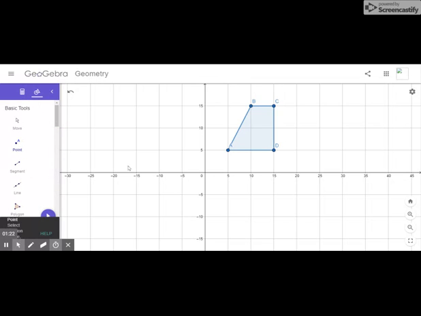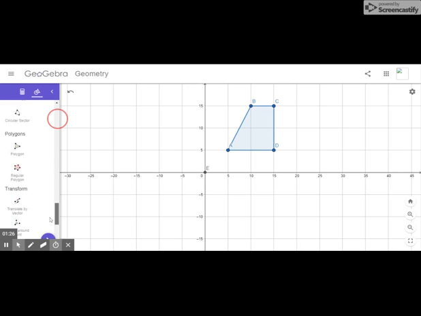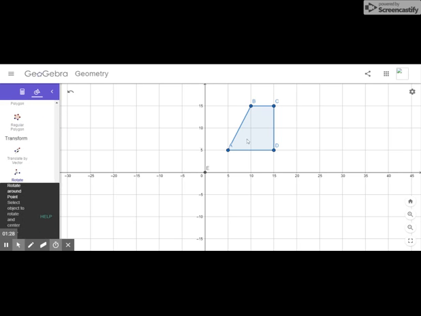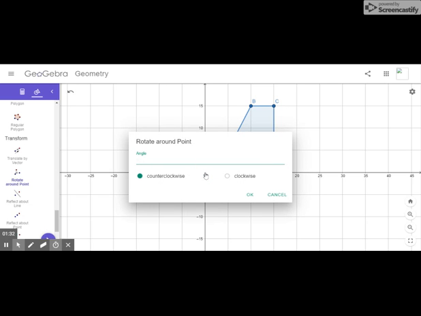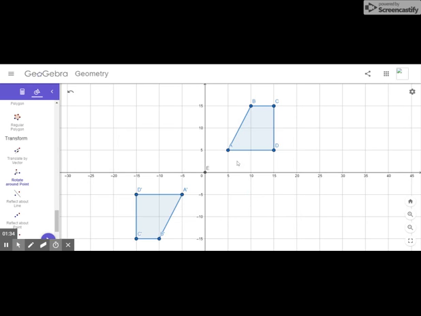So I can go up and place a point on the origin, which is point E, and then I can rotate the quadrilateral 180 degrees about the origin, and you'll see that it creates a new quadrilateral A prime, B prime, C prime, D prime that is now in quadrant 3.